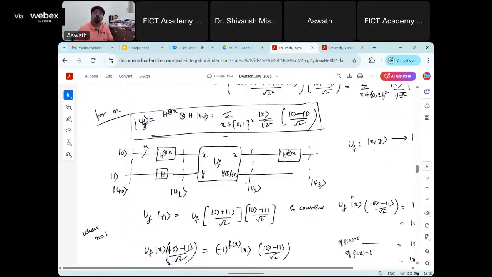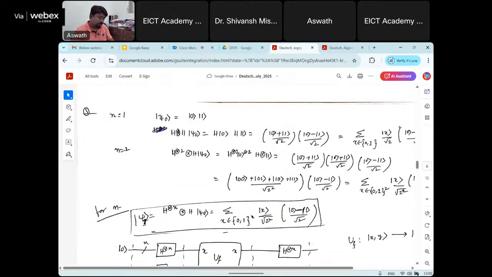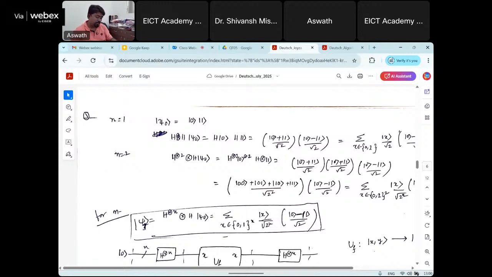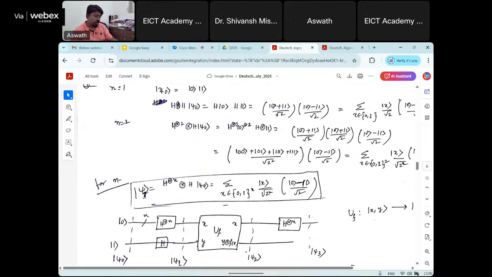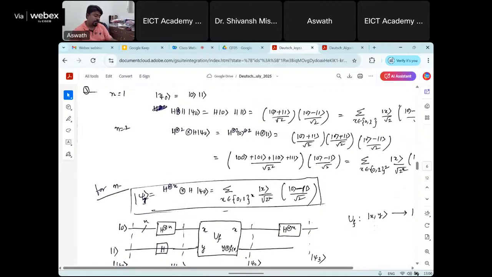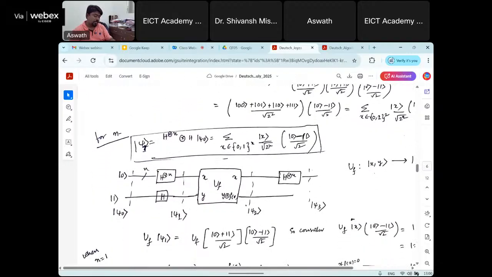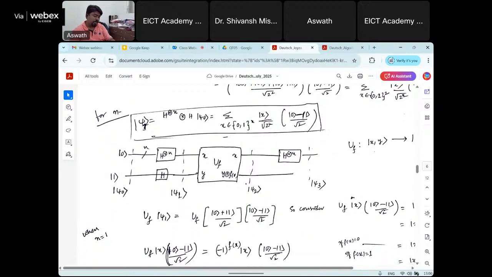If you cross check, psi 0 is just 0 and 1 when I have only a single query register. If I have two query registers, the query register initially has 0 0, then two Hadamards acting create an equal superposition, and one Hadamard acting on the ancillary register, and both together create psi 1.